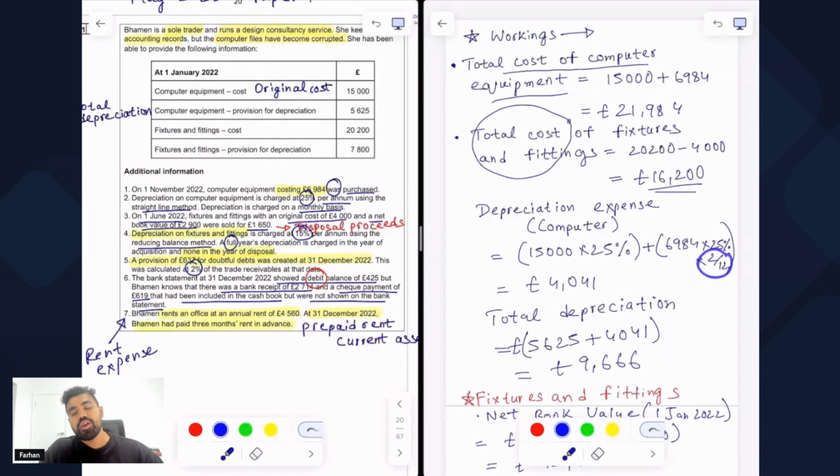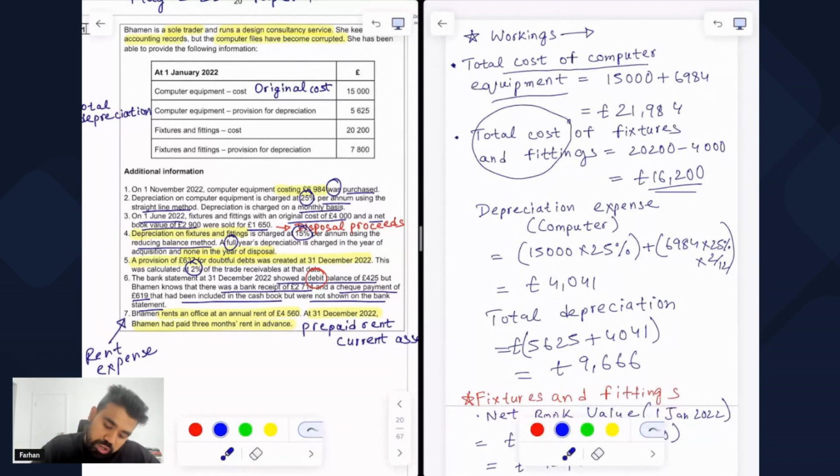What that means is because the second computer was purchased on 1 November 2022, and because we're preparing the financial statement at 31 December 2022, the second batch of computer was only used for 2 months. So 25% is an annualized rate because the question clearly mentions 25% per annum. But what we have to do is convert this 25% into a 2-month rate because of the 2 months of usage for this specific batch of computer.